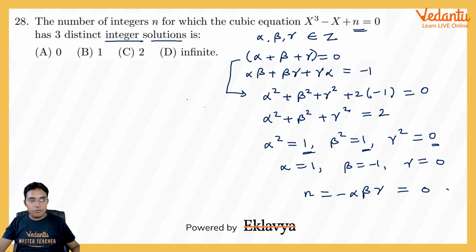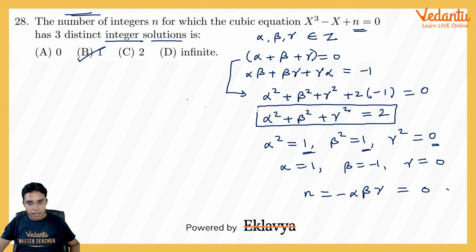So number of integers n, they are asking number of integers, not value of n. So answer will be 1, B. B will be the answer of this question. Be careful, n is coming out to be 0, and there is an option 0 also there, but they are asking number of integers n. So answer would be 1 here. This was the very important step here, because alpha, beta, gamma are the integers.